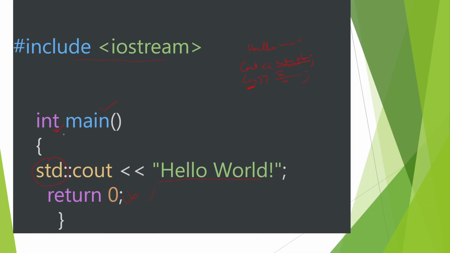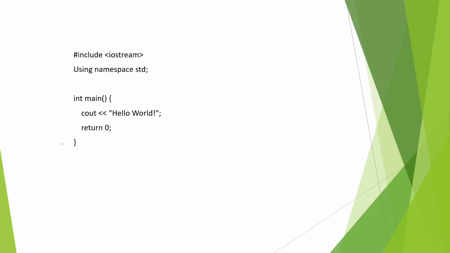By default, main function is int, not void, because we have to return something to the function. A function may be a void function also, but we have to return something, that's why we use int in main. To understand this concept, let's move on to the next slide.